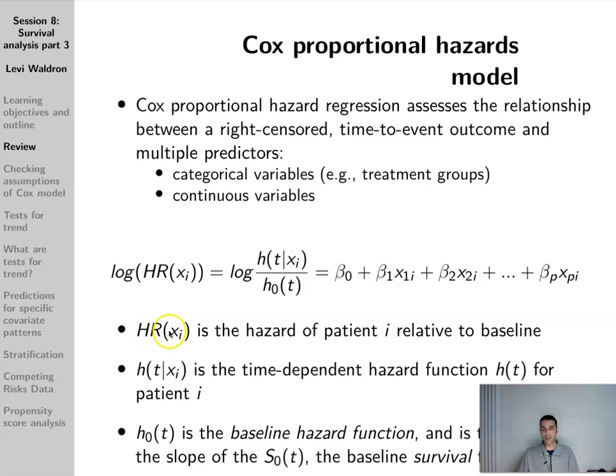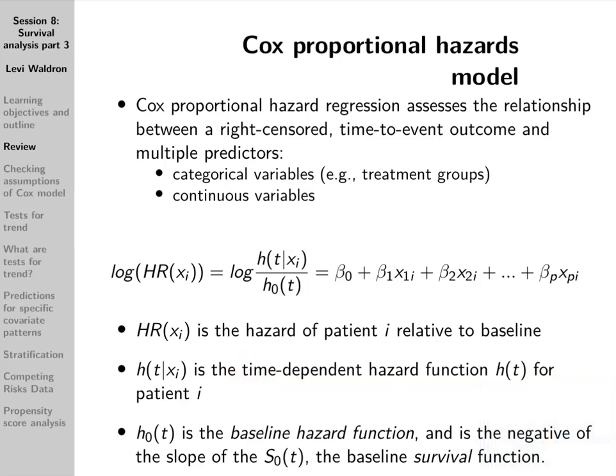So this hazard ratio is a function of x. That's the hazard of a patient i relative to the baseline at all times. And this hazard function of time conditional on xi is the time-dependent hazard, something that we don't model directly in the Cox proportional hazards model. And then this h0 as a function of time was the baseline hazard.